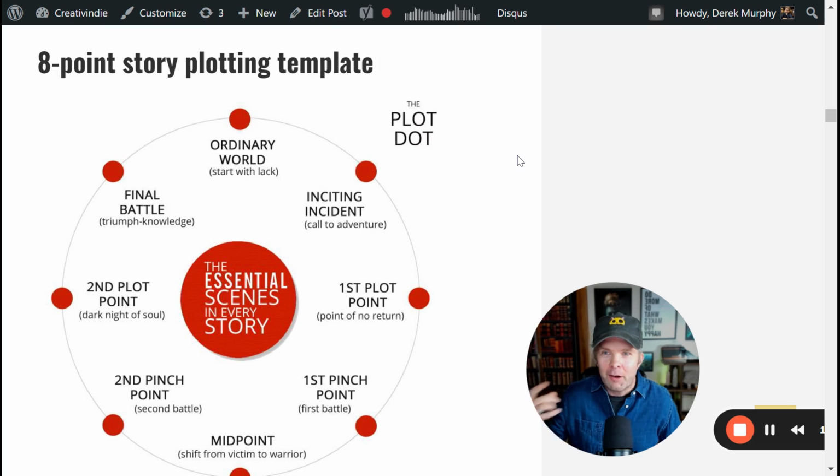But they had to update my article where I laid out this plot dot structure, because here I say the essential scenes for every story, and someone was pointing out that this is really a Western approach to narrative based on Joseph Campbell's reduction of foreign cultures by trying to fit everything to this specific template.